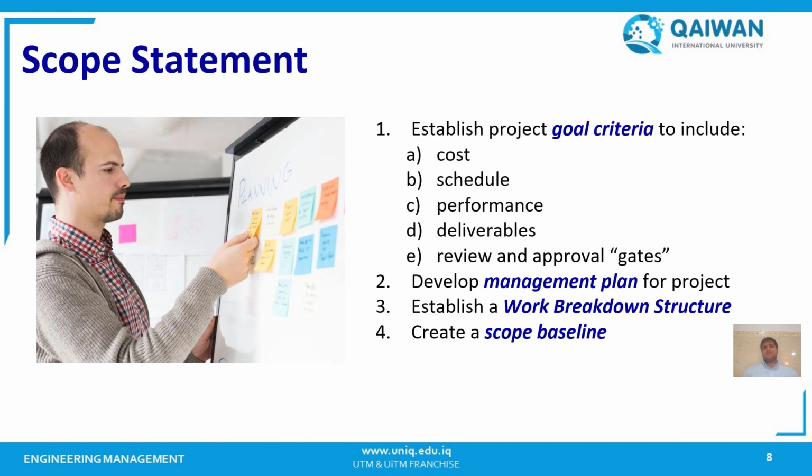Scope statement. Scope statement is a concise document that defines the objectives, deliverables, and boundaries or constraints of a project. It outlines what is included and excluded, and identifies project dependencies and stakeholders.